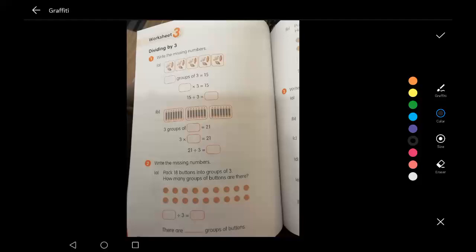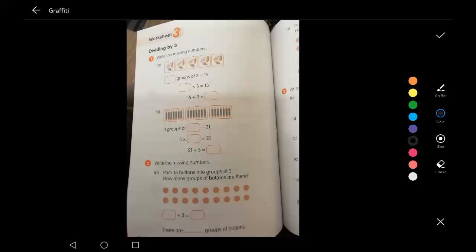As we talked before, division means sharing equal groups. So we talked before about dividing by 2. Today we are going to learn how to divide by 3, but as I tell you every time, to divide by a number, you have to memorize its times table first.